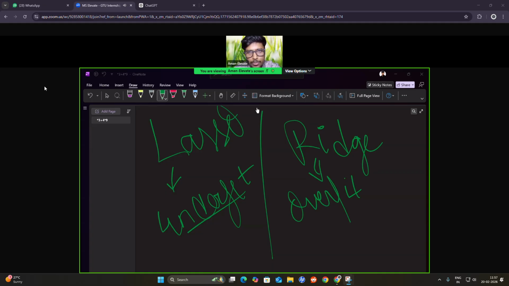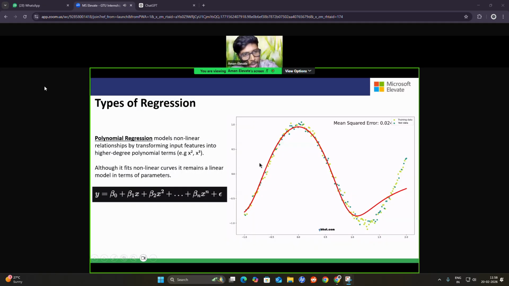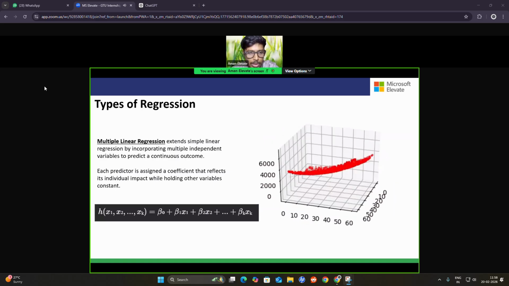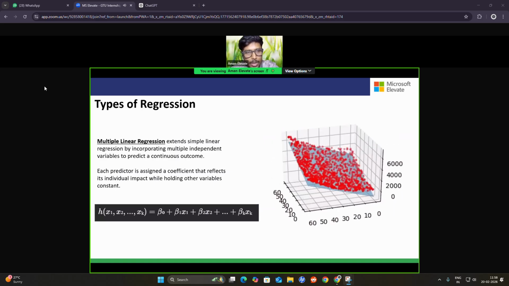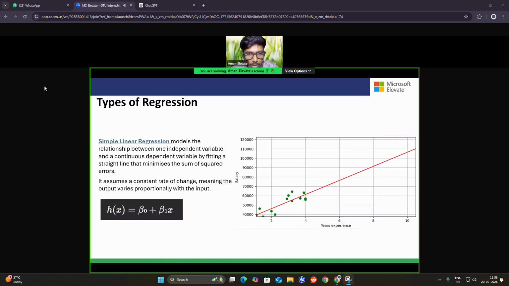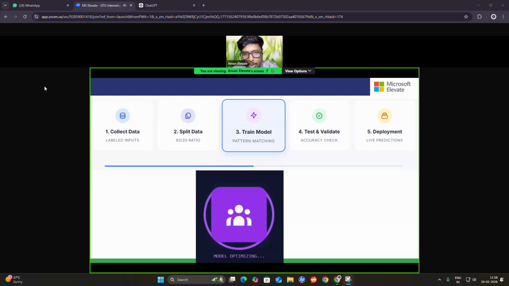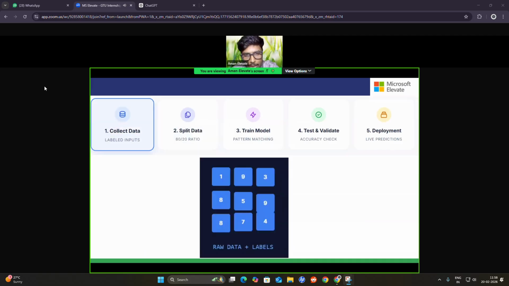Okay, so what we have understood till now is the types of regression: polynomial regression, multiple linear regression, and simple regression. Then we understood the proper workflow. We tried to understand the use of the validation data set, how we train it, and how we collect the data set.